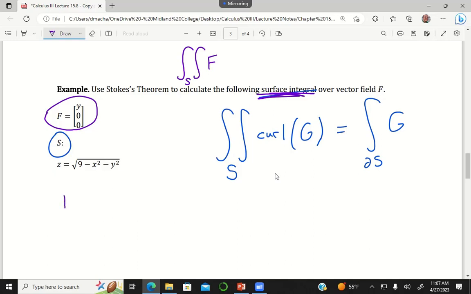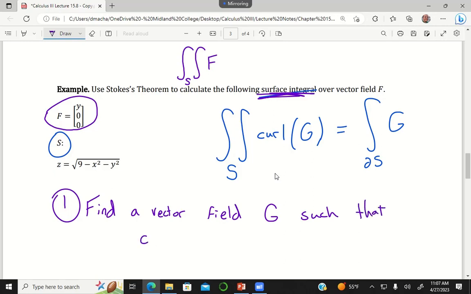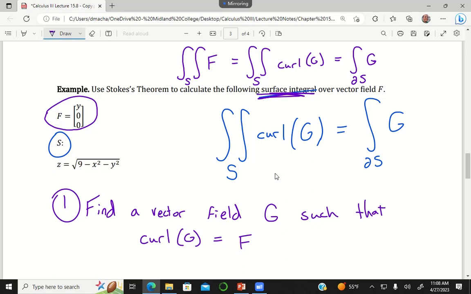So step number one, when you're solving this problem, is going to be this. Find a vector field G such that the curl of G is equal to F. And that way, the surface integral of F would be equal to the surface integral of the curl of G, and then I can use Stokes' theorem and take the path integral around the boundary of that surface.